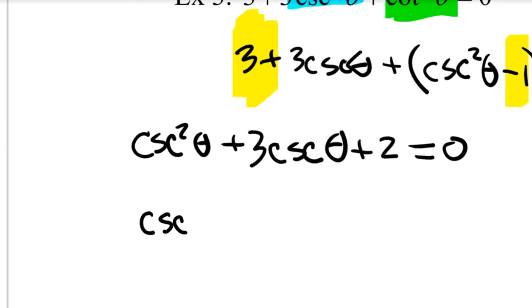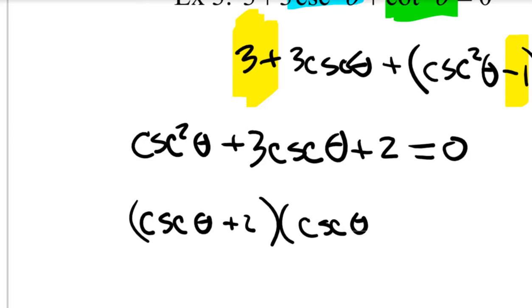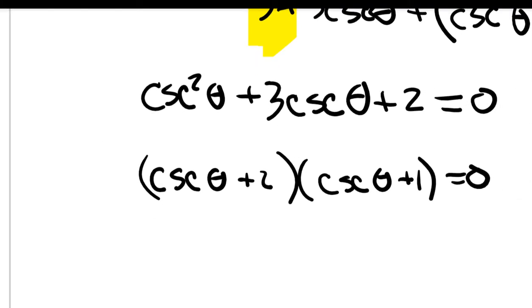So that'll be cosecant theta plus 2 and cosecant theta plus 1 equals 0. You can have those in either order, as long as you have those two factors correct. And you could always double check that you factored correctly by multiplying those two binomials together, or foiling them.